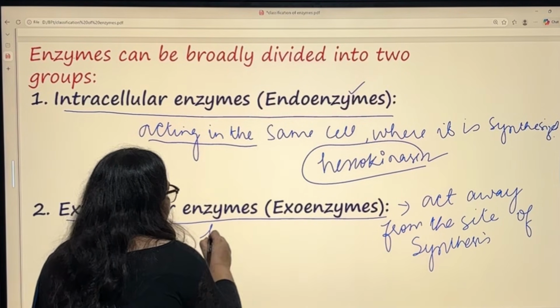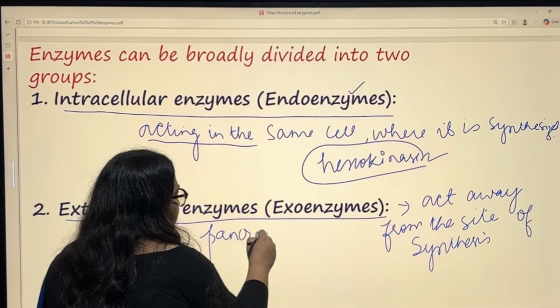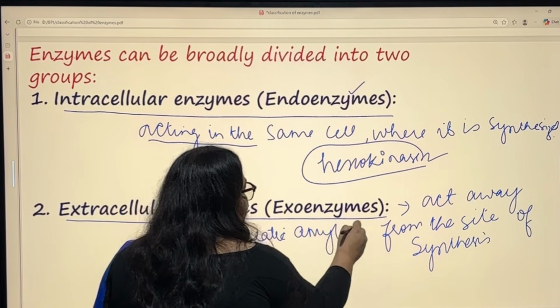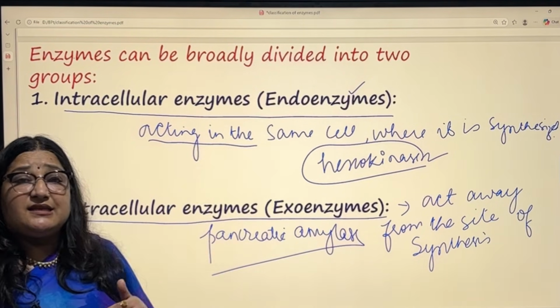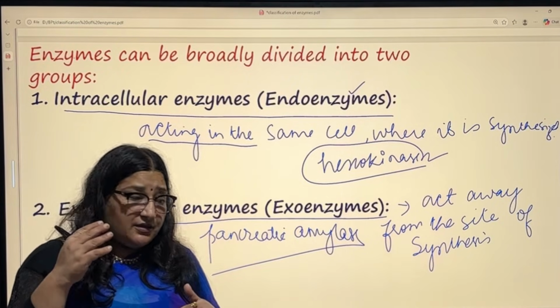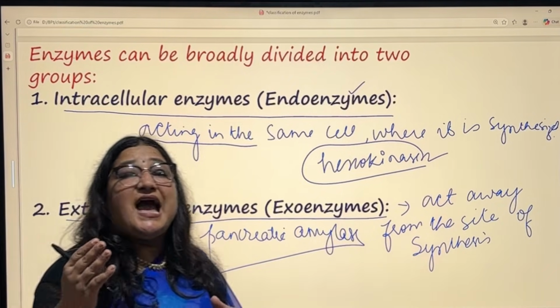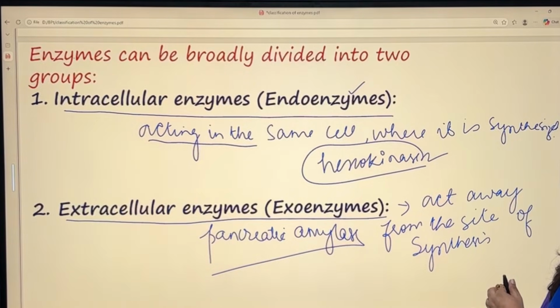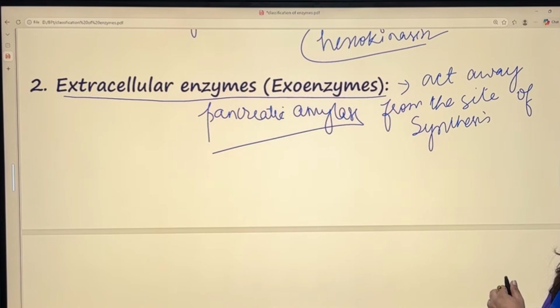For example, pancreatic amylase. Pancreatic amylase is synthesized in the pancreas, but whenever the action comes, it acts in the intestine.